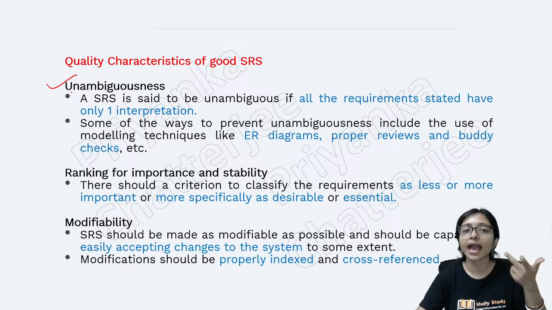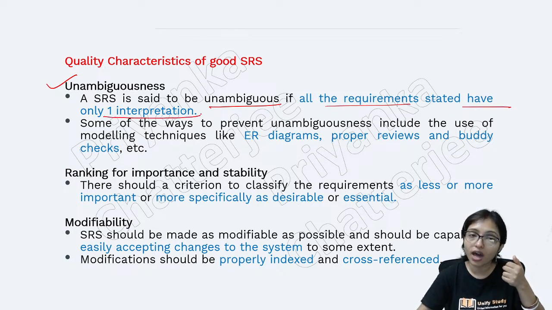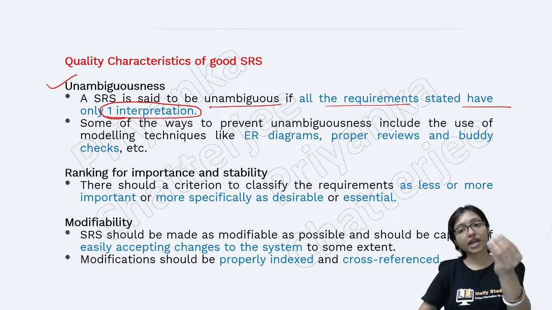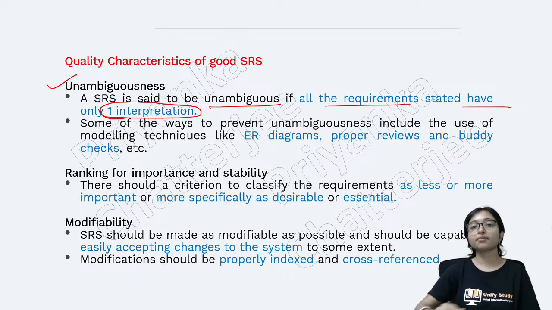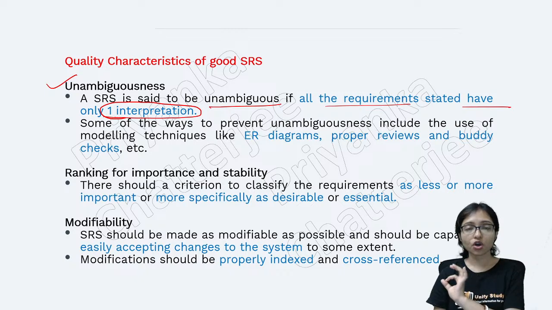That is called ambiguity. So the SRS is said to be unambiguous if all requirements stated have only one interpretation. If I am asking you, that interpretation will be the same. If I am asking another person, that interpretation should also be the same.